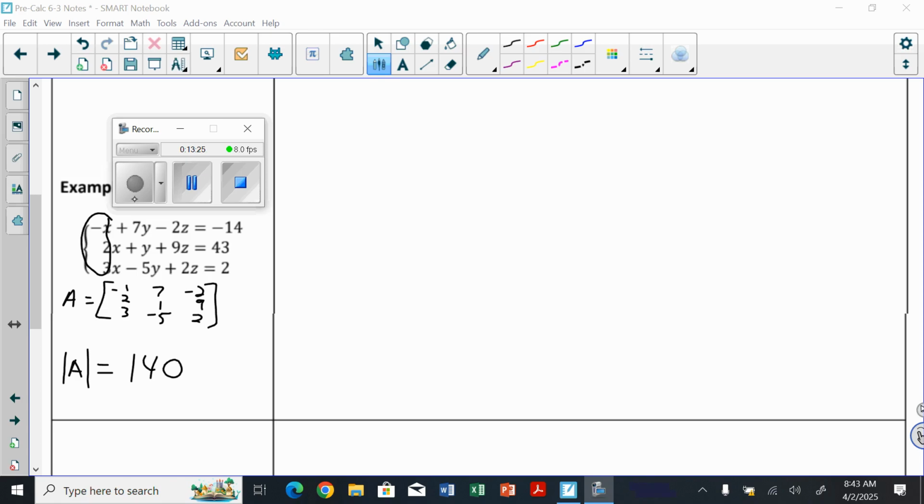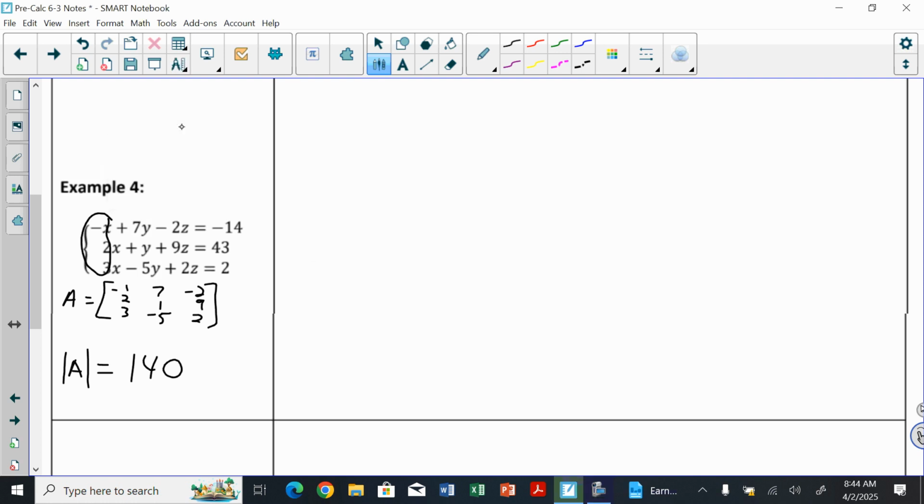That's where you take the top row and multiply it by the determinant of the other 4 that aren't in that row, right? The very first way, I guess, is what you call it. And they call that expansion by minors. So you have that method, you have the diagonal method, and you have the graphing calculator method to find the determinant if you want to. That'll save you some time. But I'm doing it right here. The determinant of A is 140.